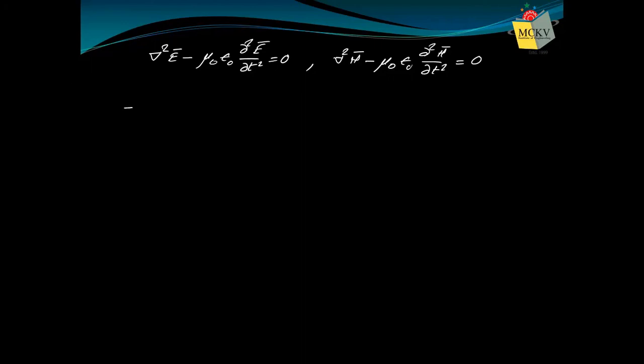The type of equation is del 2u minus 1 by v square del 2u del T2 equals 0, where u represents the motion of that wave. This equation is very common in mechanics. This equation represents wave propagation.